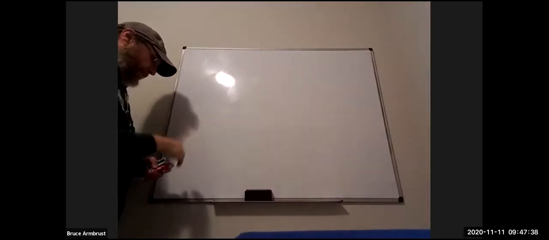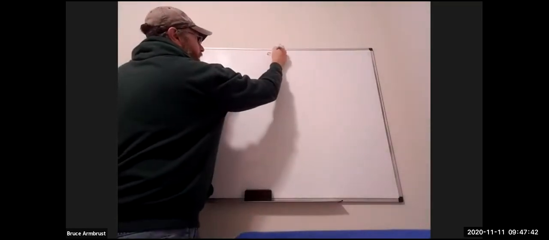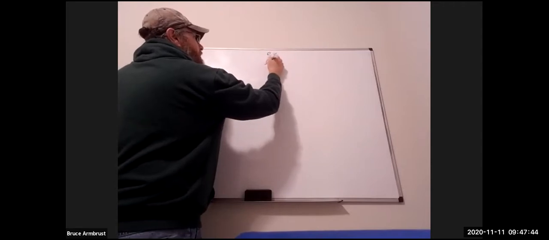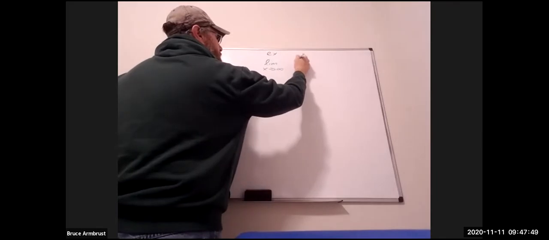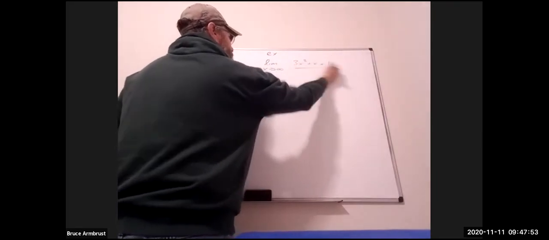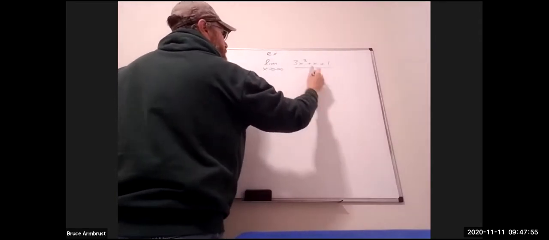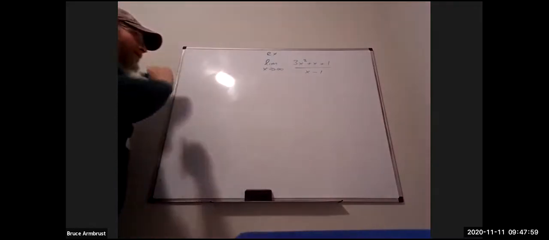So here's an example. Let's look at this function right here. We're going to look at the limit as x goes to infinity of 3x squared plus x plus 1, divided by x minus 1.